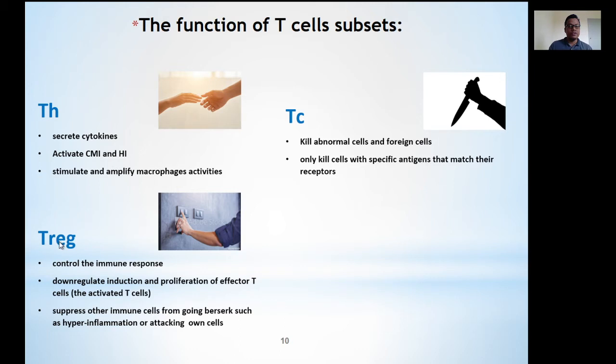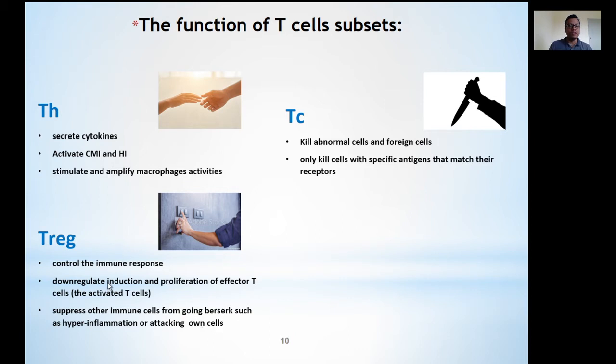Third, we have T regulatory cells, which control the immune response, and they basically downregulate the induction and proliferation of affected T cells. They activate other T cells, such as T helper and T cytotoxics, to suppress other immune cells from going berserk, such as in cases of hyperinflammation or autoimmunity, where they are attacking their own cells.